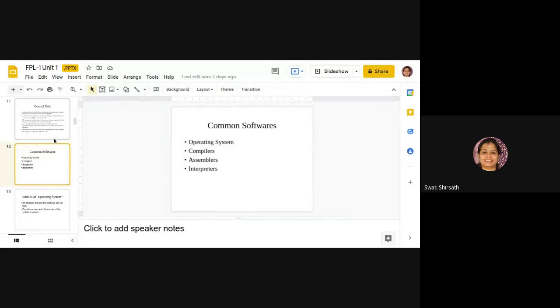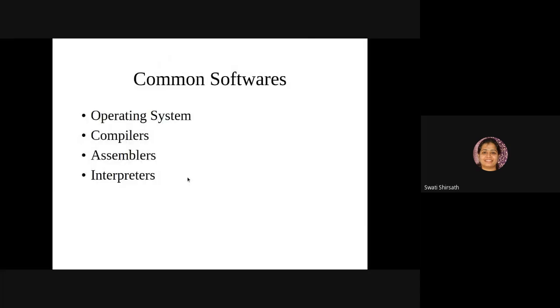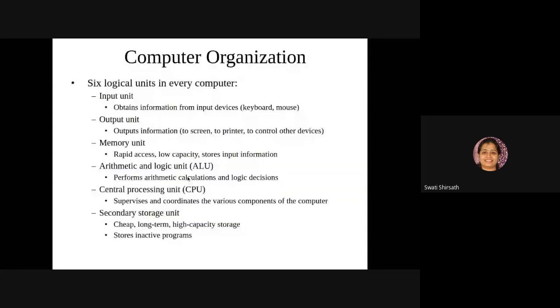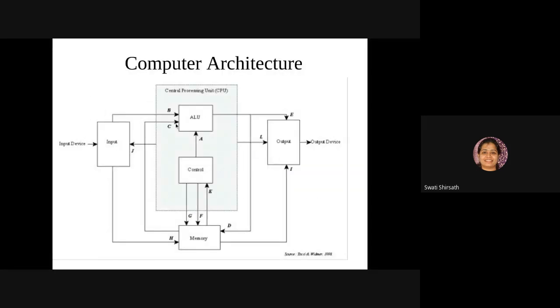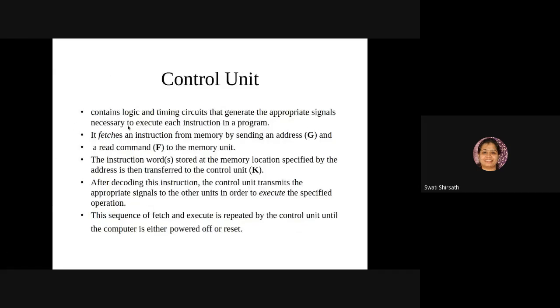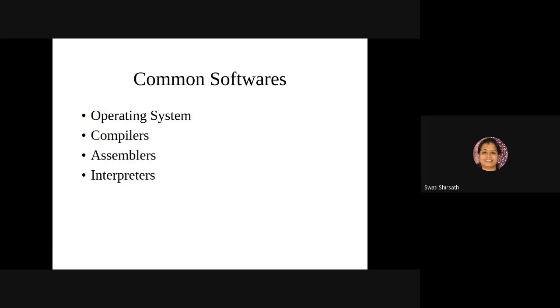Yeah, good morning. So, last time we saw the computer architecture, and we discussed the different parts of your computer architecture: ALU, control, memory, input, output, and all those things. So now let's move to different software that we are going to deal with.